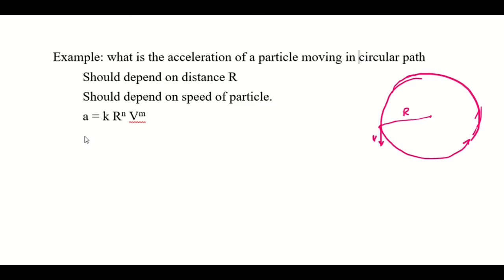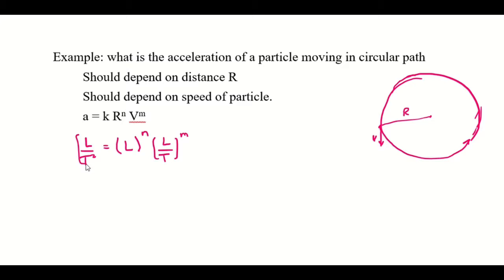Now the dimensions of a, acceleration, is meters per second squared, so it's L over T squared. And the dimensions of r, which is a length, to the power n, and the speed is meters per second, or distance over time, so L over T to the power m.